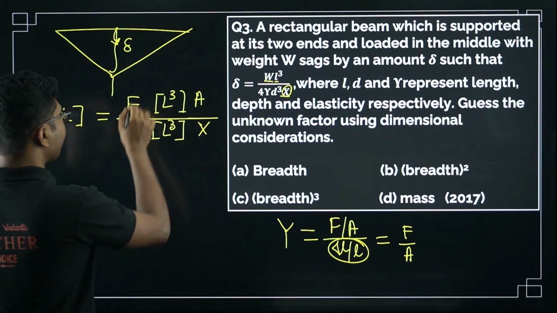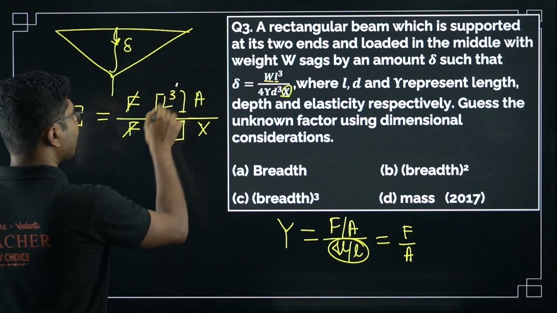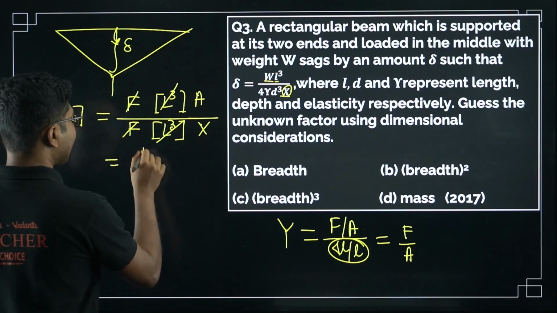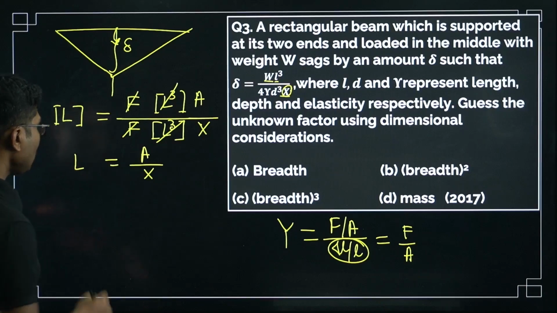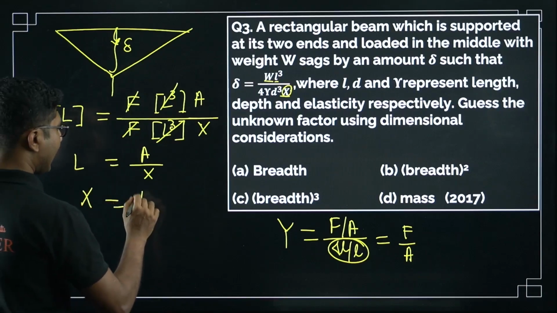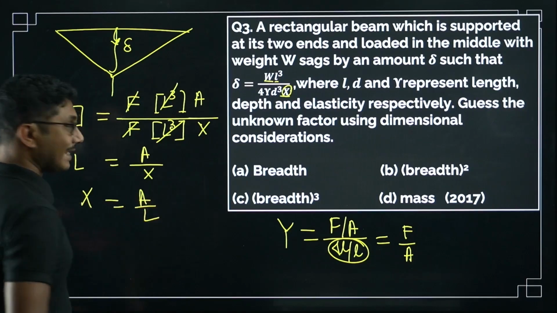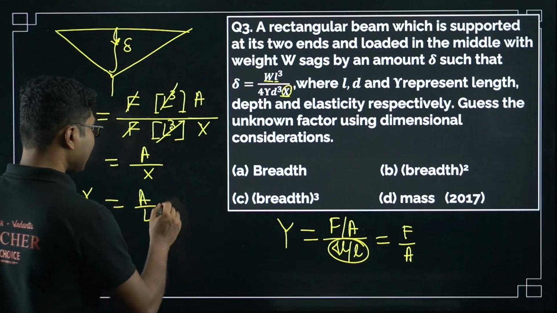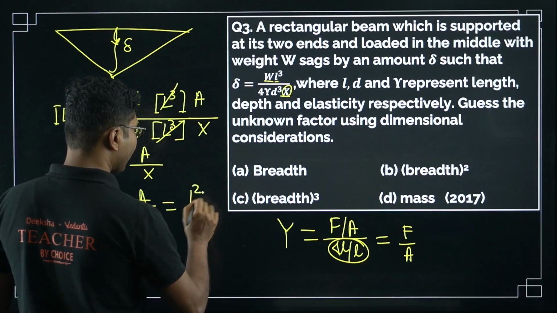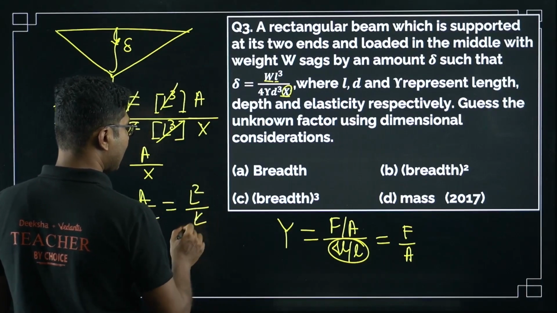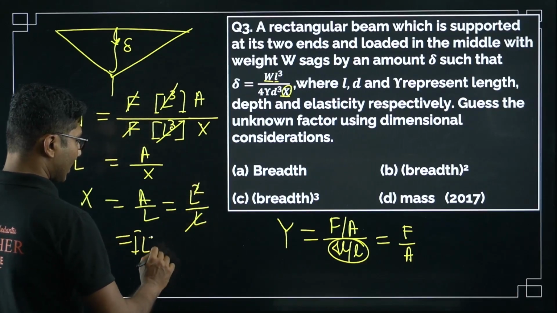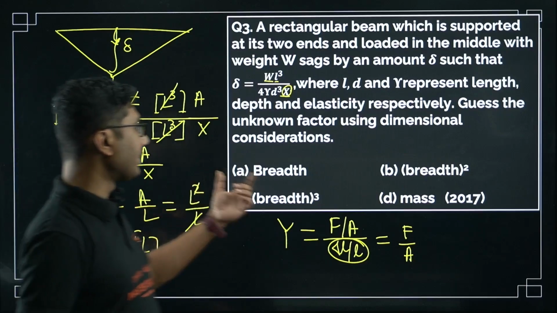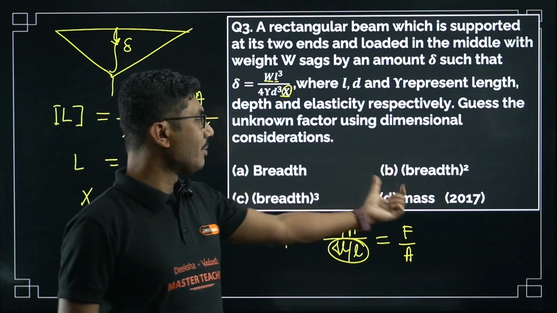Now this F cancels, L cube cancels, so we get A by x equals L, or x equals A by L. Now what is area? Area is length into length, that is L square. So L square divided by L, they cancel, and you get L only. Now what does L mean? If you see the options: breadth, breadth square, breadth cube, mass.